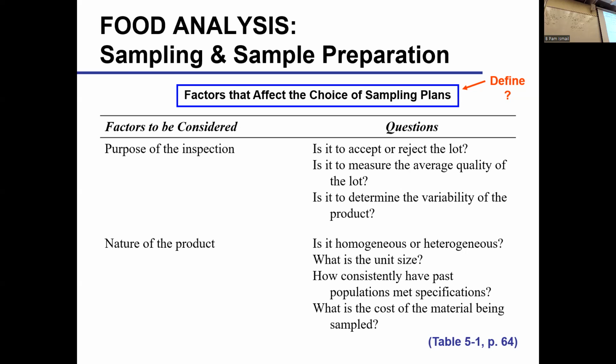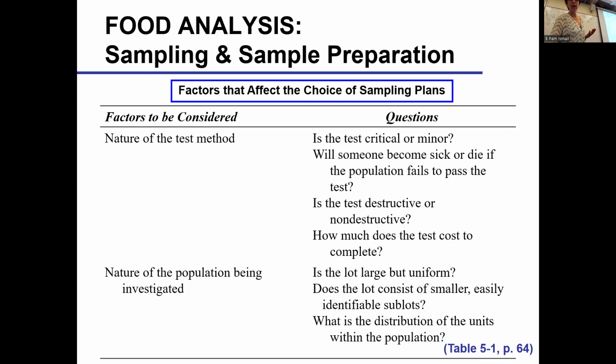What is the nature of my product? Is it homogeneous? If it's heterogeneous, I need to make it homogeneous, or I need to take samples from different parts of my product. So looking through these questions will help you understand better how you would design a sampling plan.